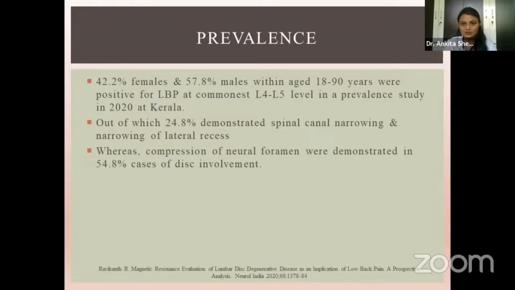Out of this population, 24.8% demonstrated spinal canal narrowing and narrowing of the lateral recess, which is the most common, whereas compression of neuroforamen was demonstrated in 54.8% cases, those of disc involvement.